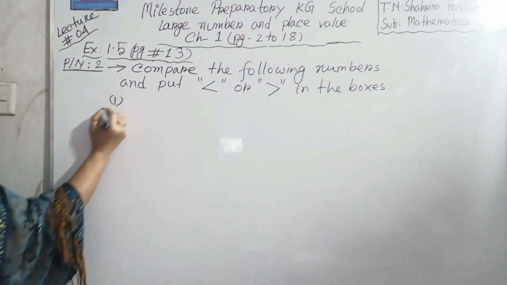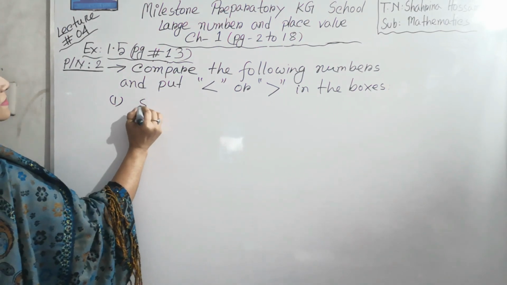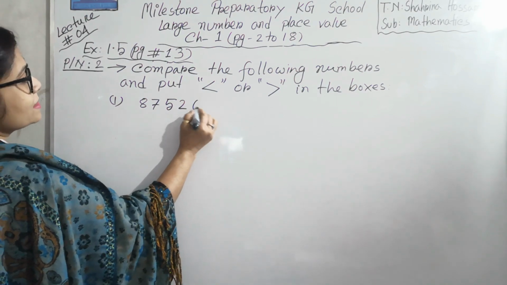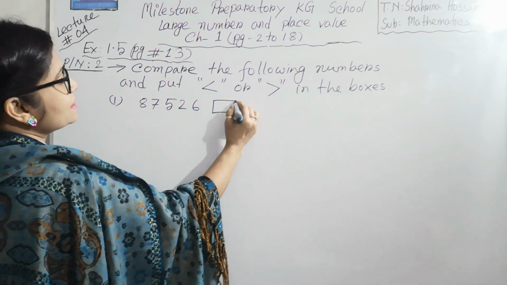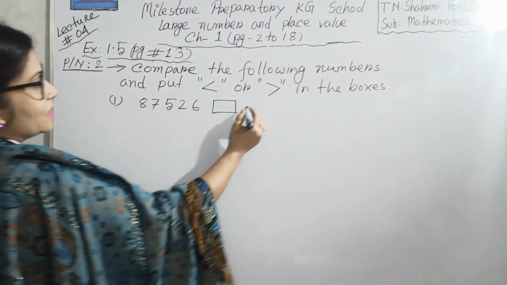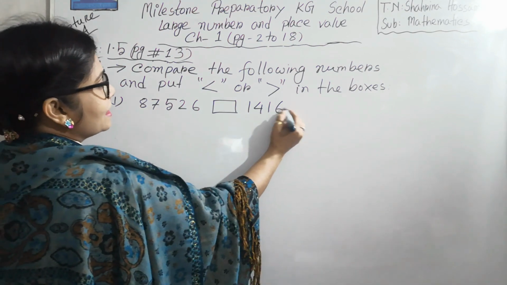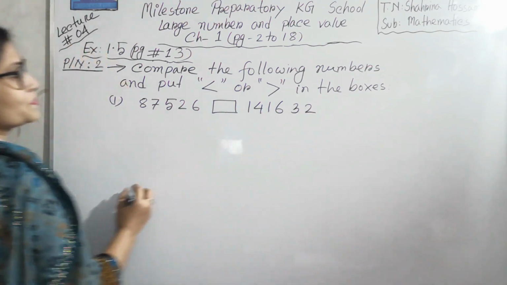First number 78,526. Here is the blank box. 1,41,632.